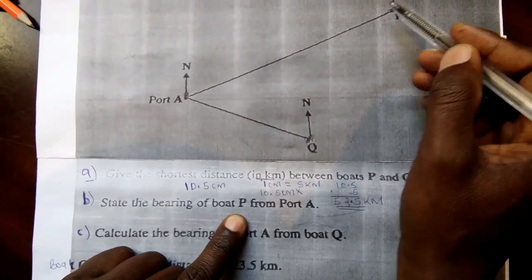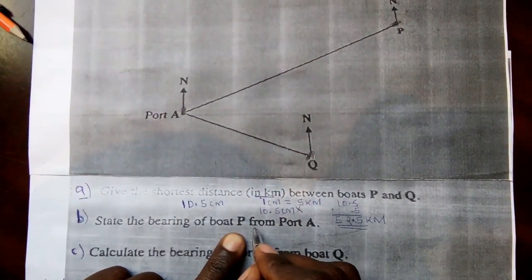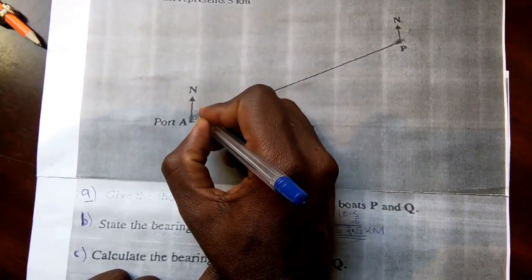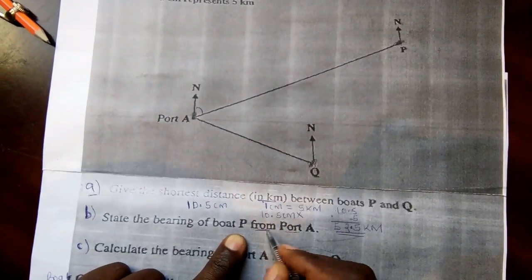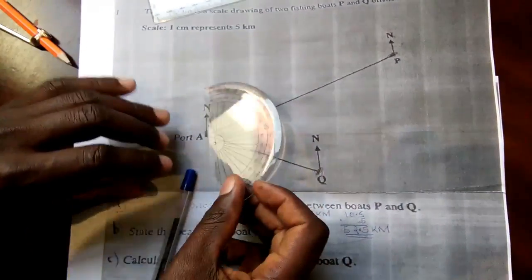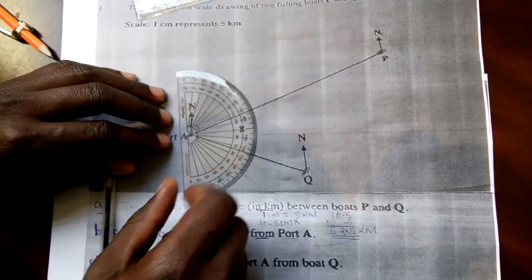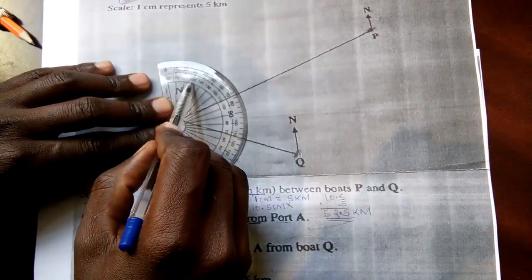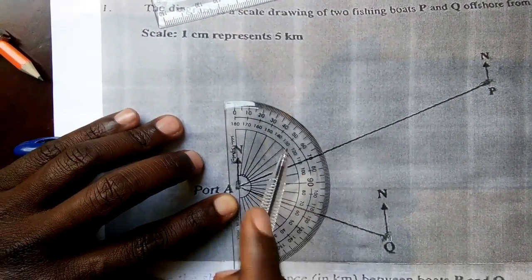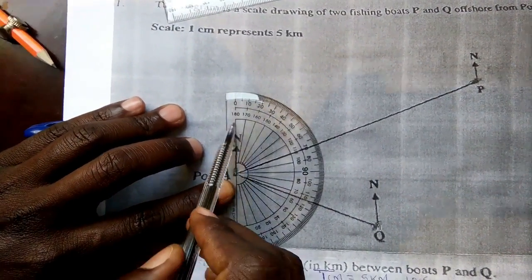So the next question says, state the bearing of point P from port A. The bearing of this point from port A. So it is from which point? This point. So we need to get this angle. This is the angle for this answer here. We will be using the protractor. We have two scales here, the inner and the outer. For this case, we will be using the outer one. Make sure this is aligning to this north line.